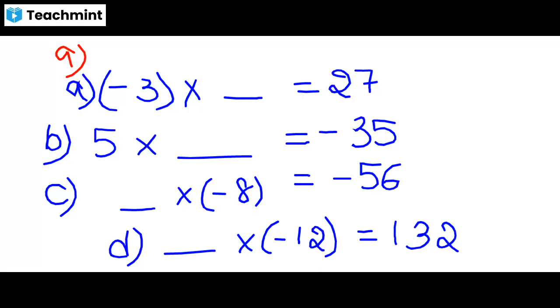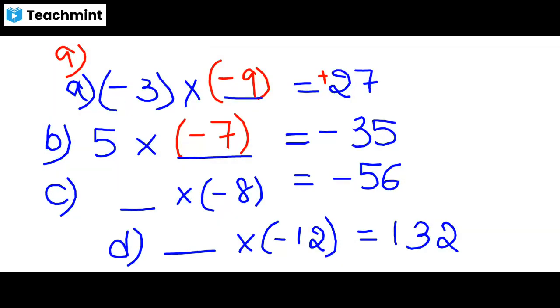Minus 9. 3 nines are 27. Next, for B, 5 into minus 7 is minus 35. Here the minus sign is given, so 5 into minus 7 is minus 35.